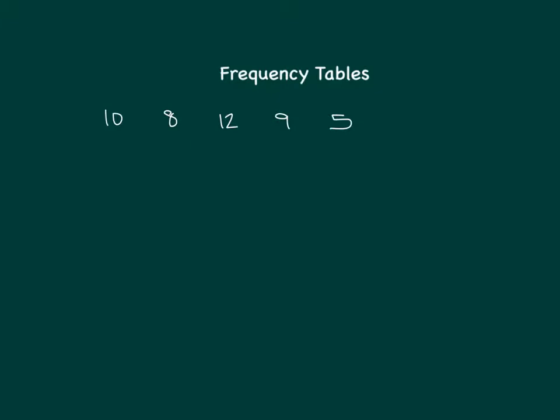And the old one, probably since primary school, you would have added all your numbers together, which will give you a mean equal to 10 add 8, add 12, add 9, add 5, and then you would have divided all of that by the number of teachers I spoke to.